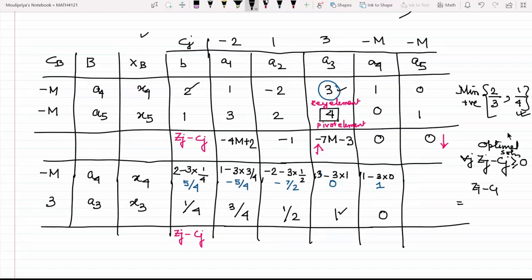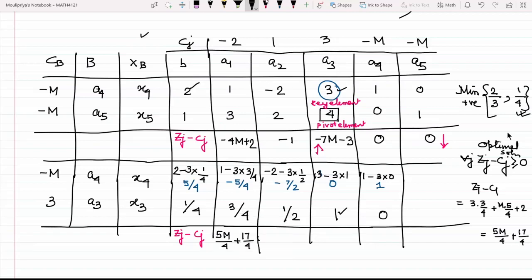We calculate it as 3 into 3 by 4 plus M into 5 by 4 plus 2. What is this value equal to? 5m by 4, 9 plus 8, that means 17 by 4. This is 5m by 4 plus 17 by 4. Am I okay with my calculations?